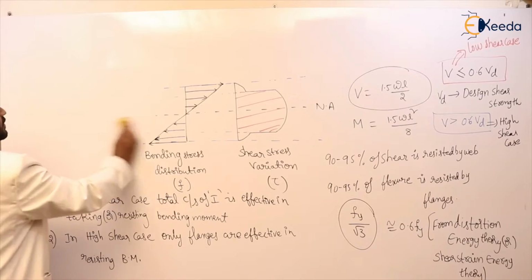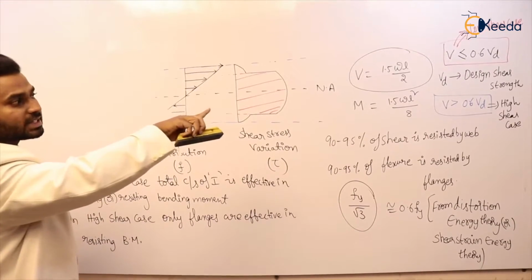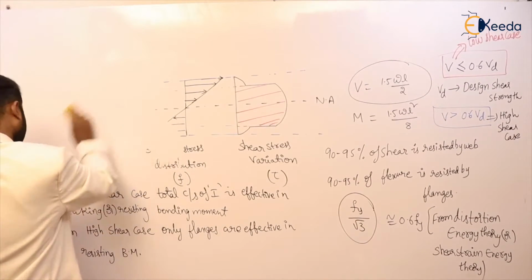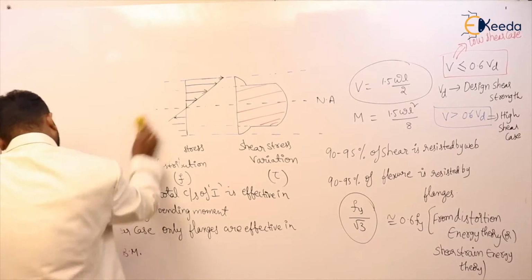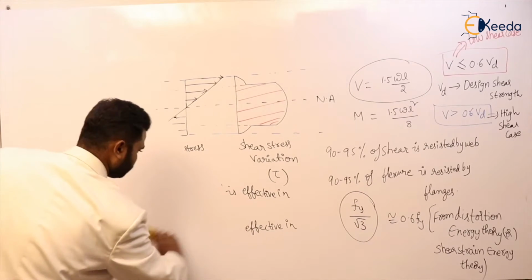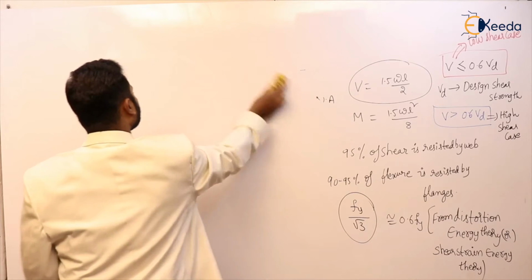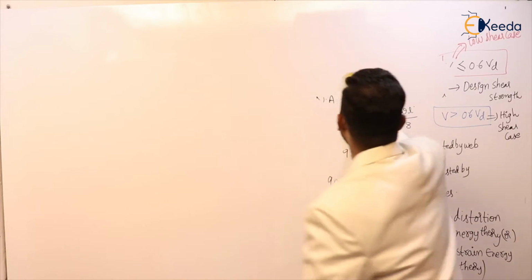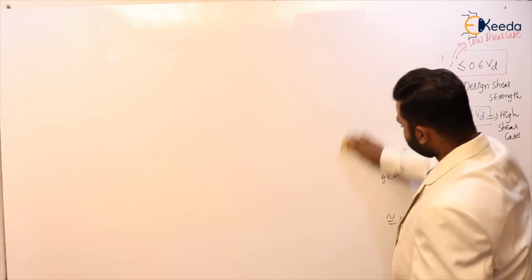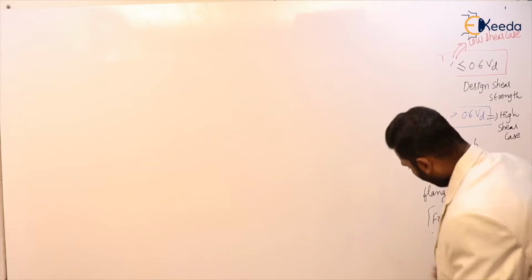So now let's start with the calculation of design bending strength. This is for the case of a laterally supported beam. After this, we'll see the laterally unsupported beam design.